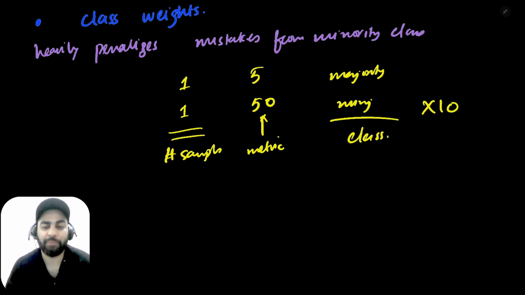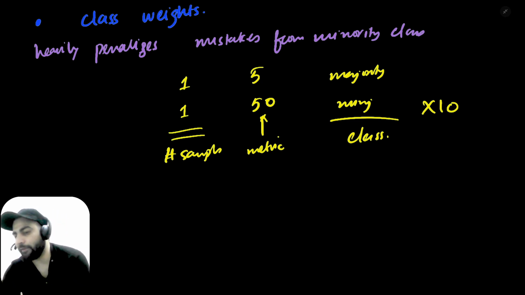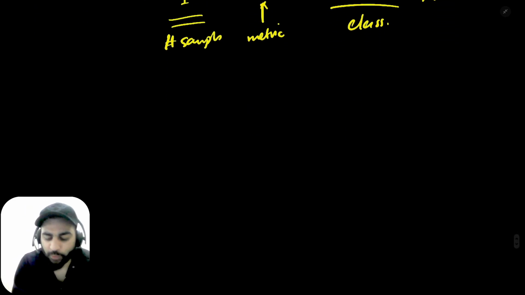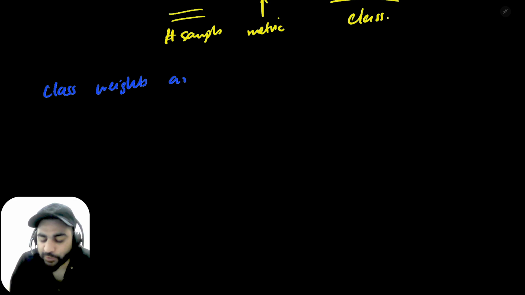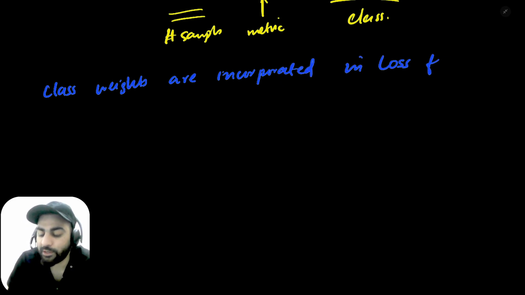So this addresses the imbalance. Now you make the model inherently look at this. You say that if you have an imbalanced data set and you got the majority class wrong, that's okay, you have to penalize it. But when you get the minority class wrong, penalize it heavily. So I'll write it: class weights are incorporated in the loss function, which we also call the cost function, which we have seen for KNN.